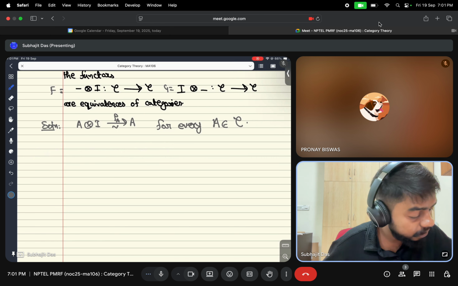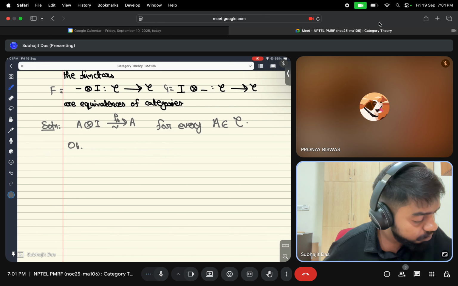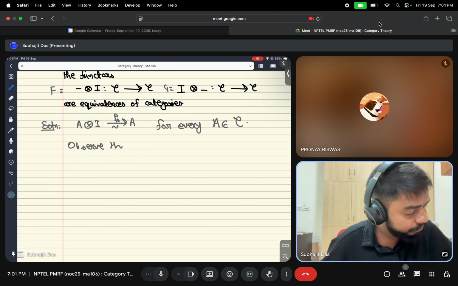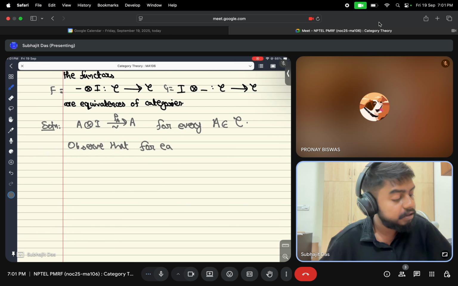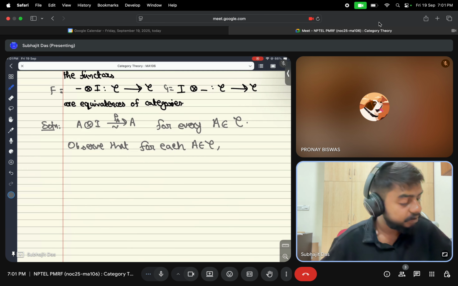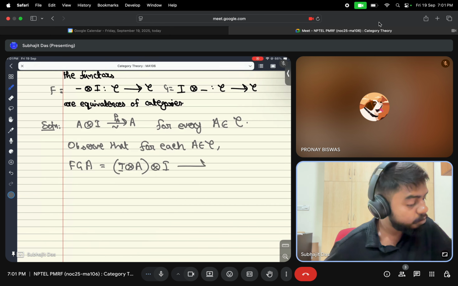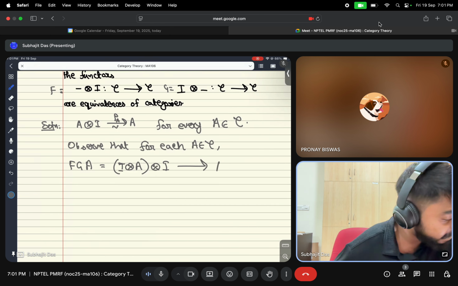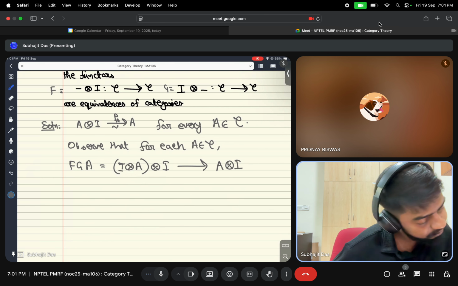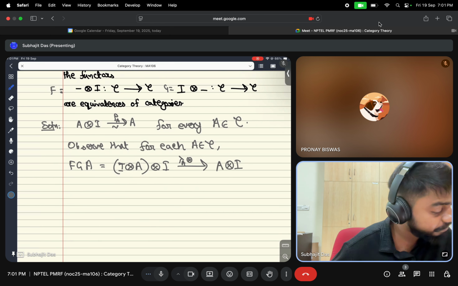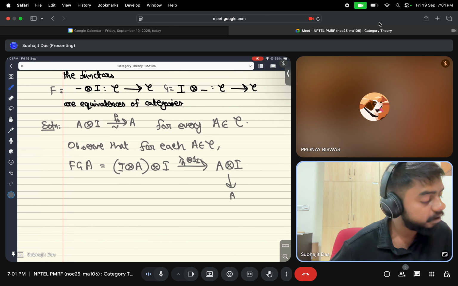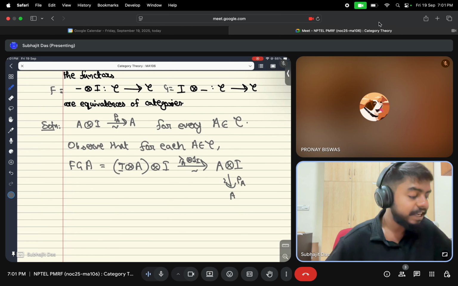Observe that for each A in C, FGA, which is by definition I tensored A, tensored I. From this you can go to A tensored I using lambda A tensored 1I. From this to A you can use rho A. So you have this isomorphism for every A.